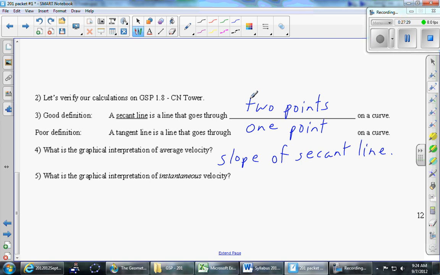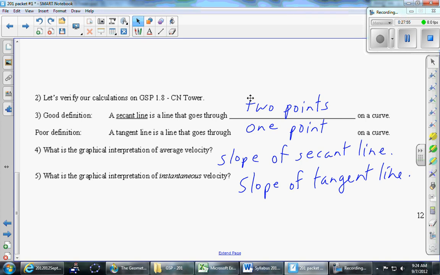We'll go to Bubba for 5. What is instantaneous velocity? It's the slope of the tangent line. I think those 2 things right there are the most important things for today. Instantaneous velocity is the slope of a tangent line. When you're ready, we'll try the next page.